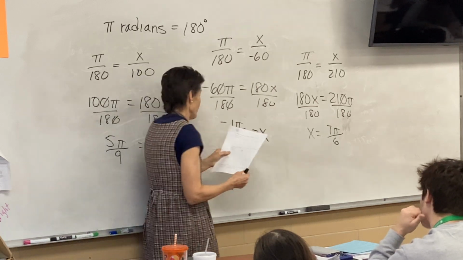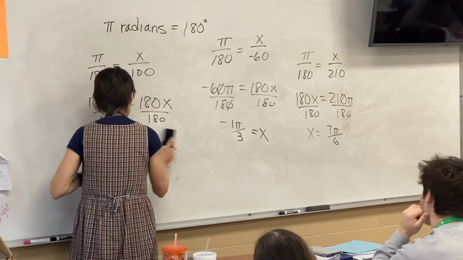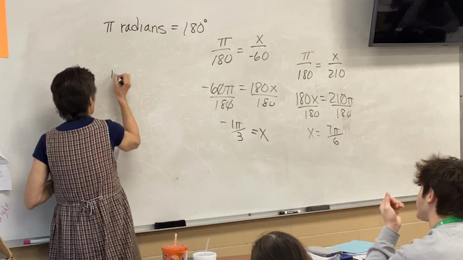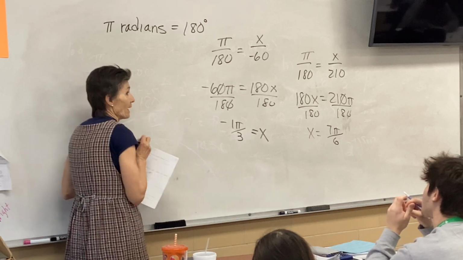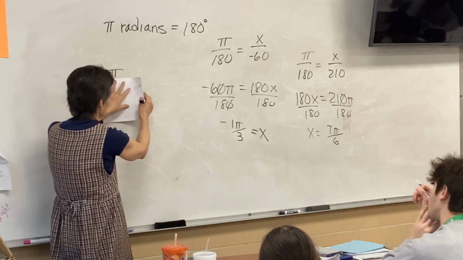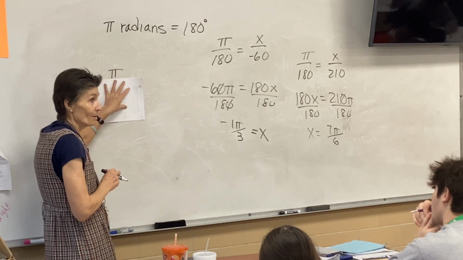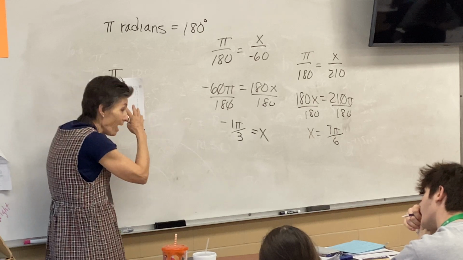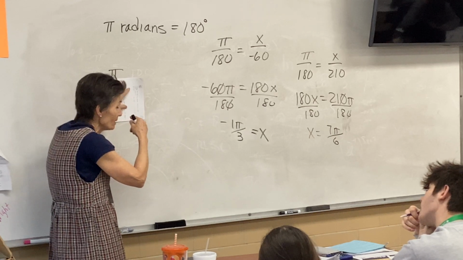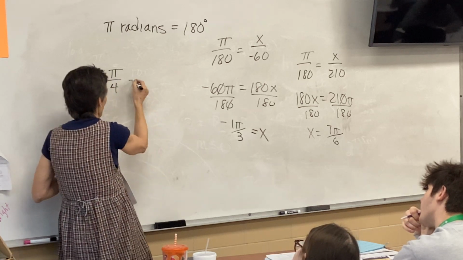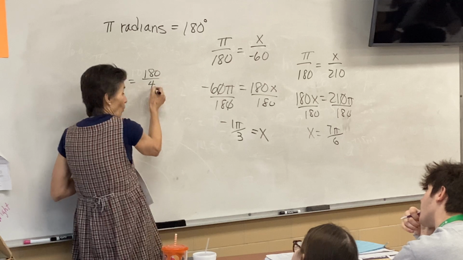Look at the first one. It says, now I have pi over 4 radians, and I want to know how many degrees that is. Well, wait a second. What's pi radians? 180. So if I had a whole pi, it would be 180. But I only have a fourth of a pi. So won't that be a fourth of 180?